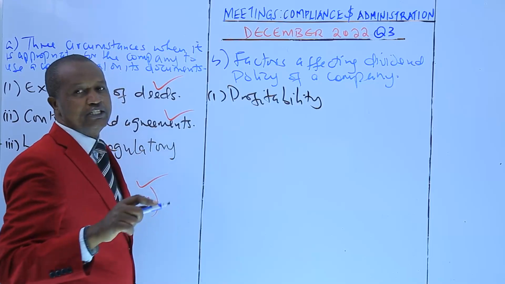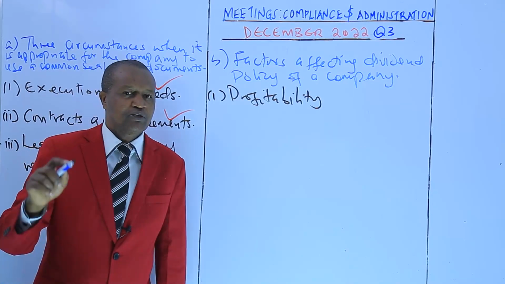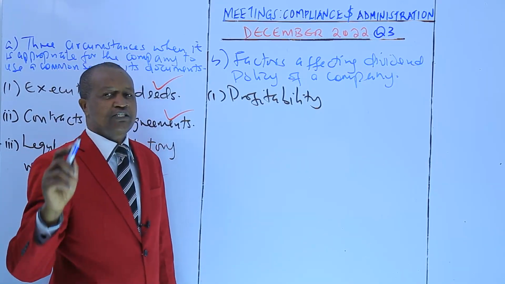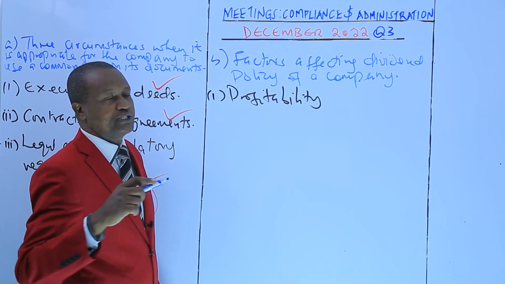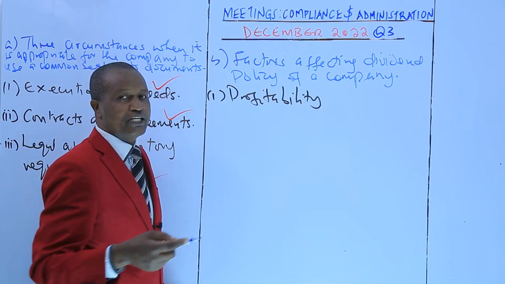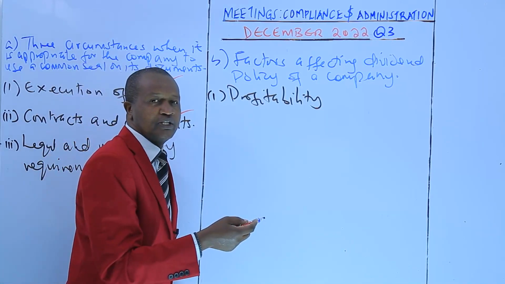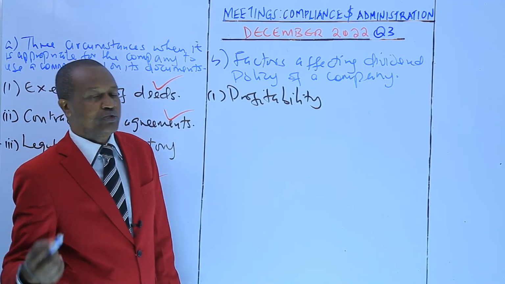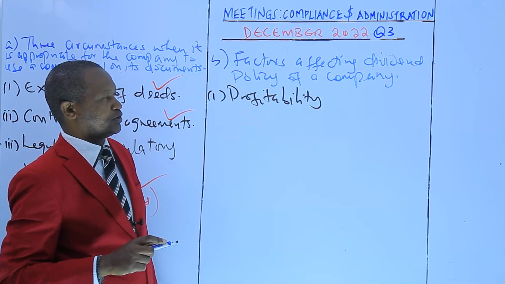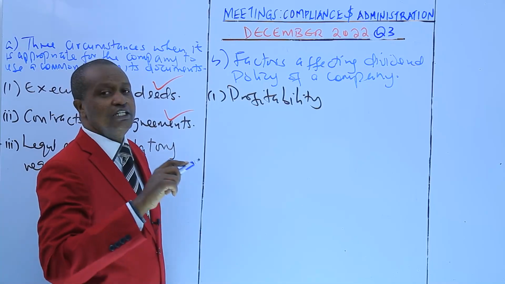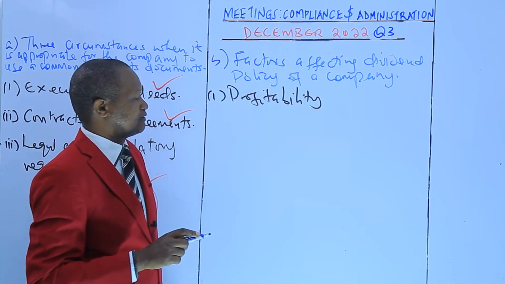The profitability of a company is a significant factor for determining its dividend policy. Companies with higher profits are more likely to distribute dividends to their shareholders, but companies with diminished profits are likely not to declare dividends.